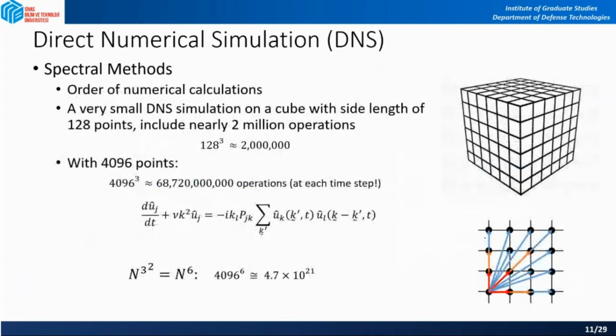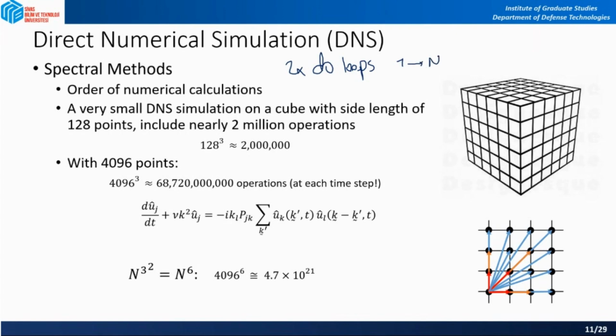If we have, let's say, n number of points, you remember that we had a cube with side length L. If you think of it as a numerical code, you have to write two do loops within each other, and each one goes from 1 to n.